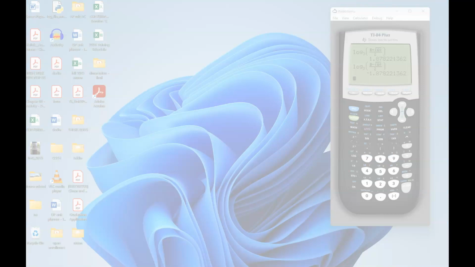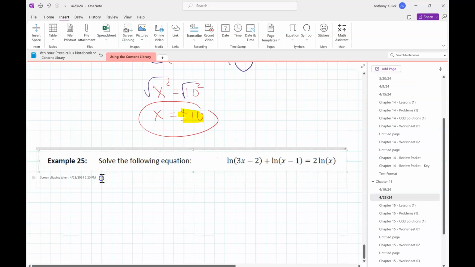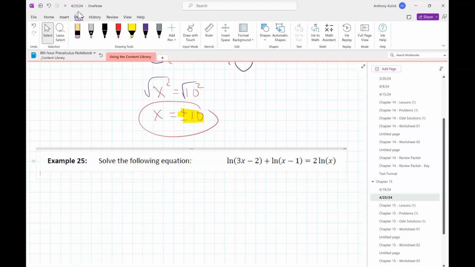Next example. Oh no! What do I do here? So those are ln's.